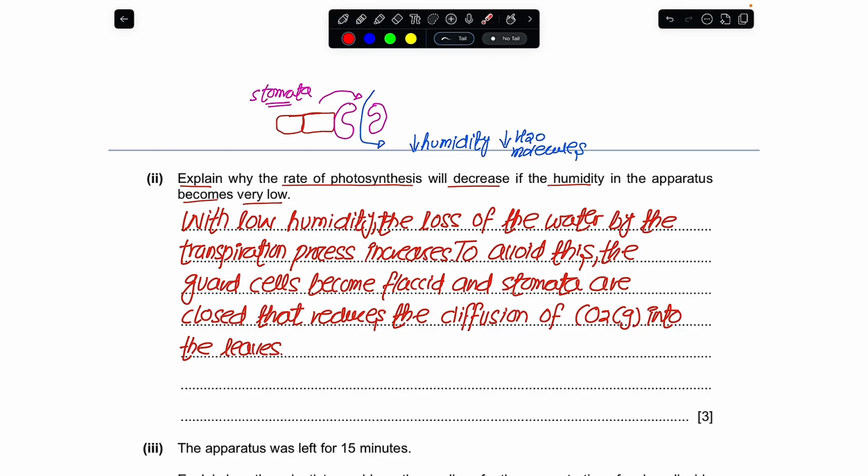And to avoid this and to conserve the water, the guard cells become flaccid and these stomatas become closed up. And that would reduce the diffusion of the carbon dioxide into the leaves, and automatically, without the CO2, the photosynthetic process cannot be continued at the higher rates.